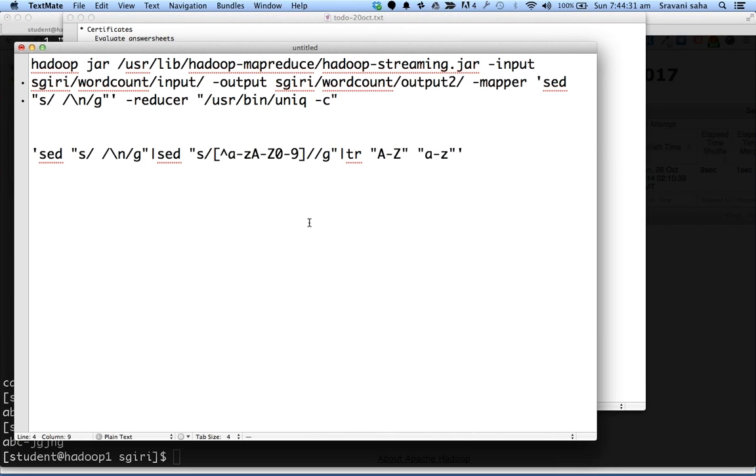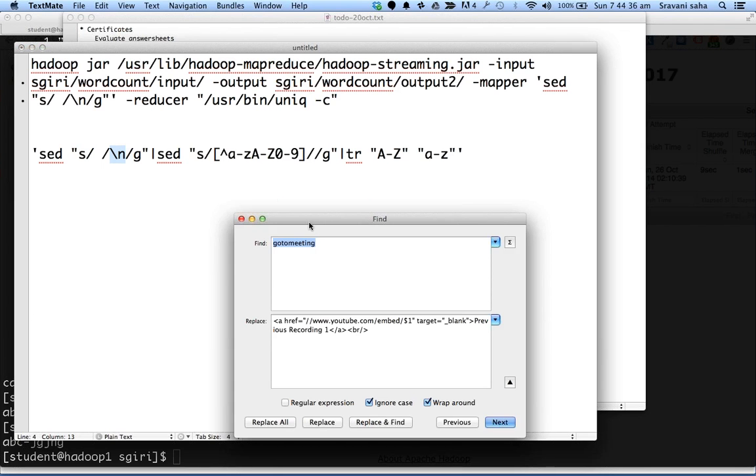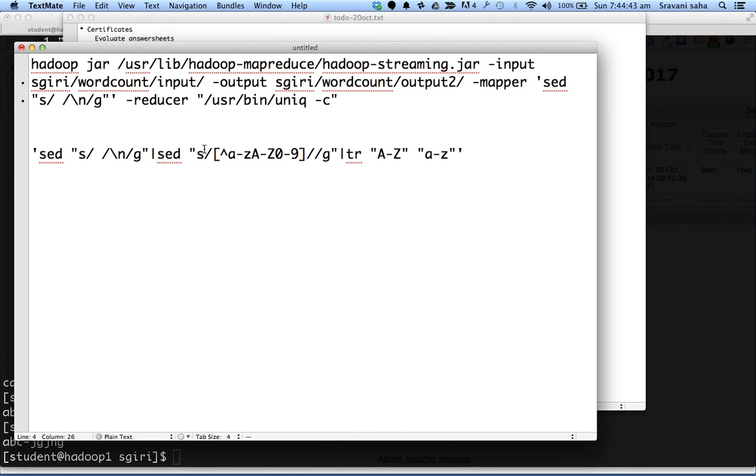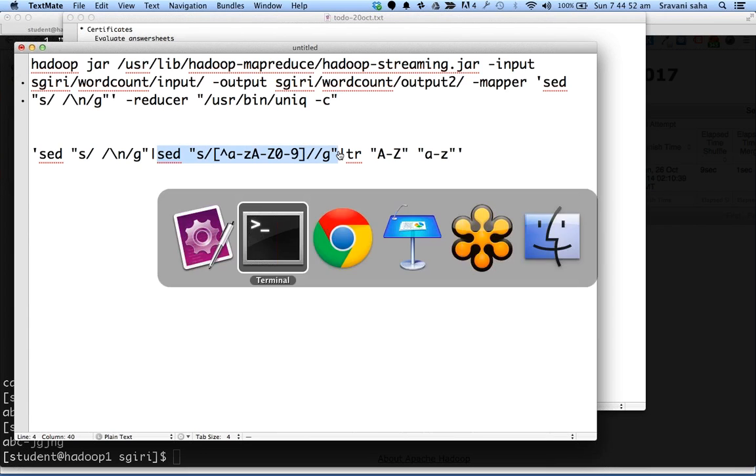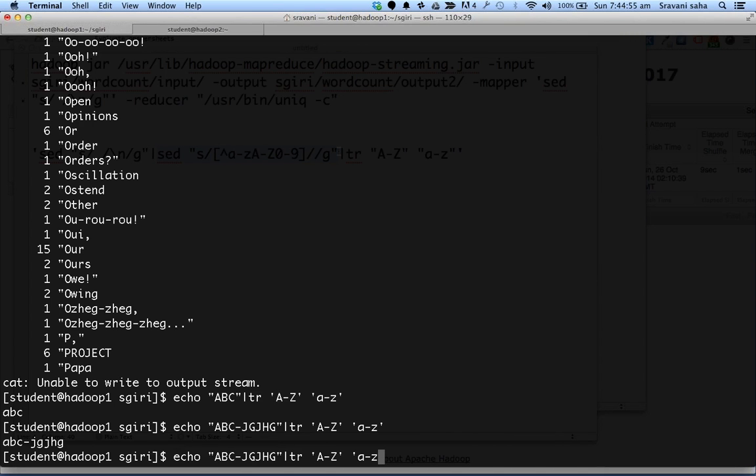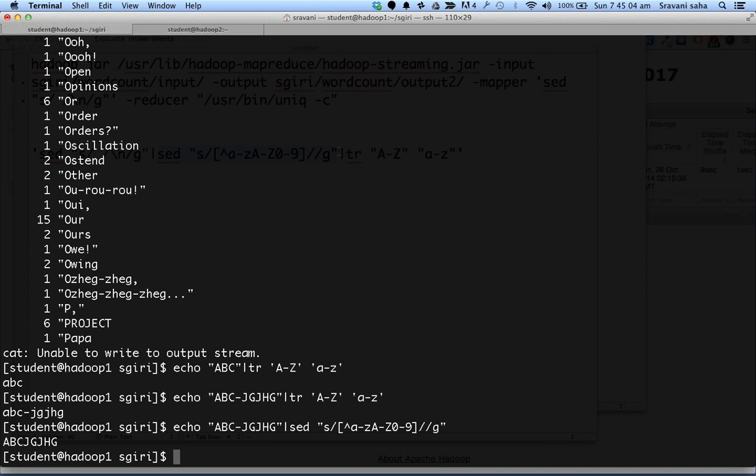So what does this command do? First, it replaces spaces by new line. Then we are replacing anything which is not an alphabet, just replace it with nothing.